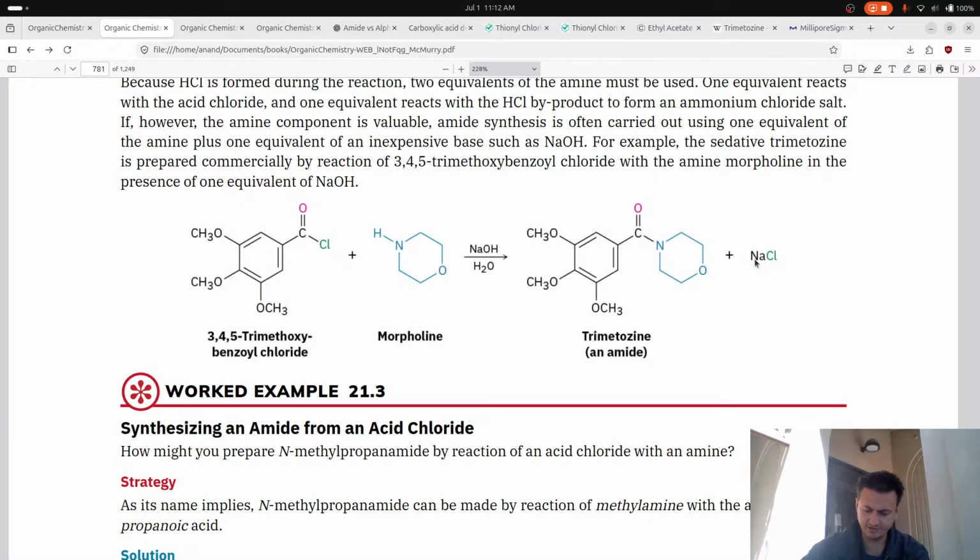Oh, it's because NaOH does it. So in that case, if we had NaOH, then yeah, this goes here, this goes here. So we actually get, and water, right? We also get water.